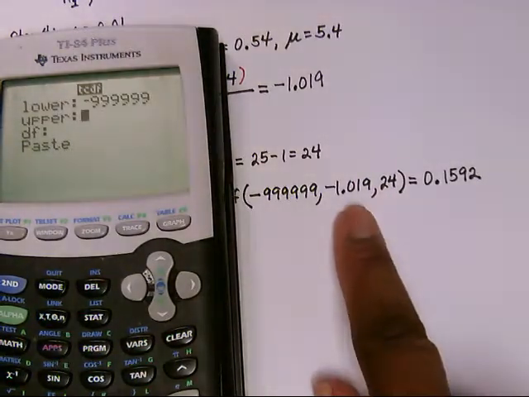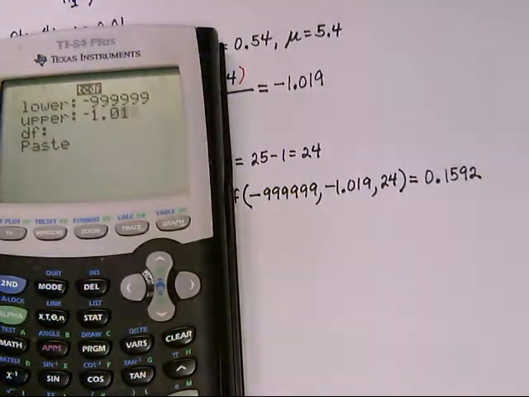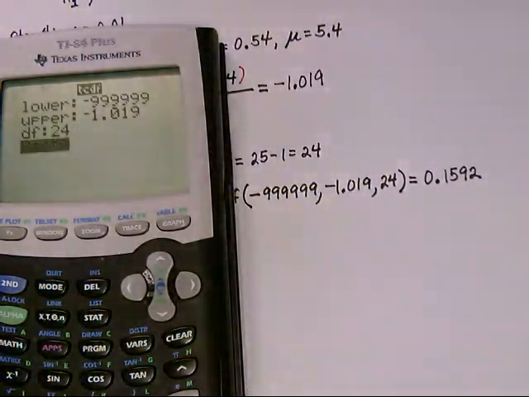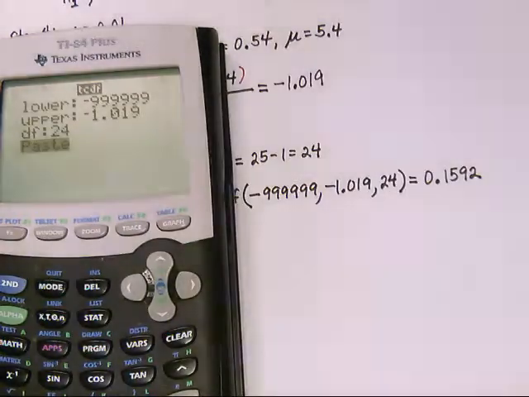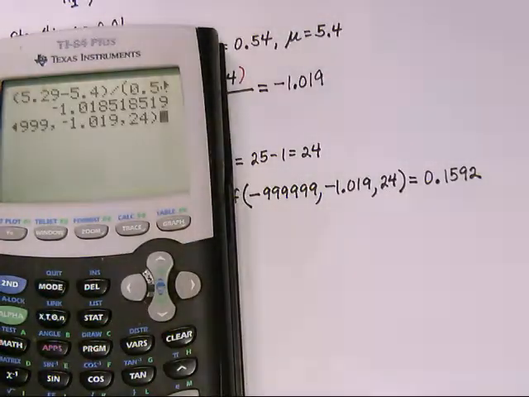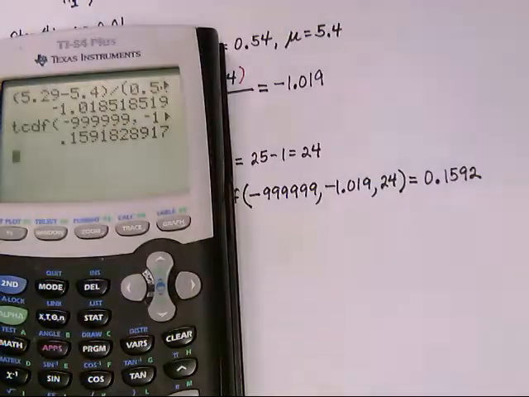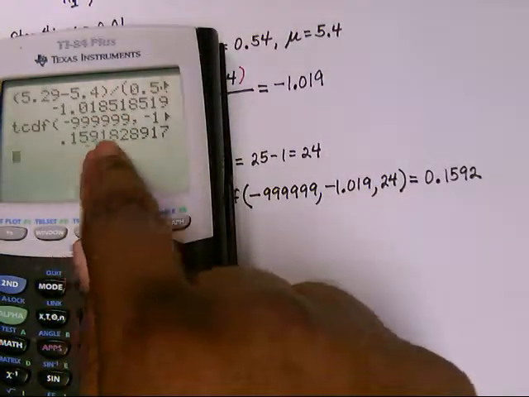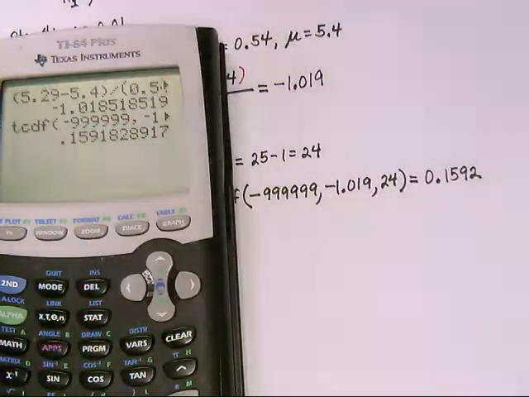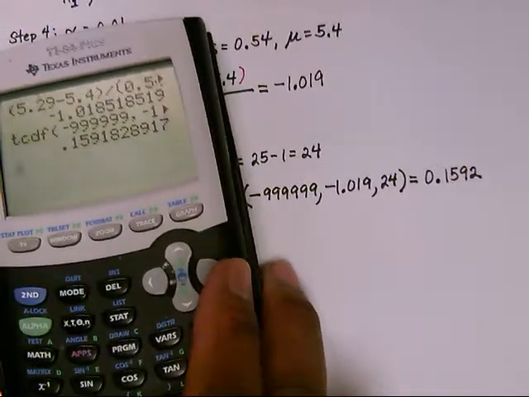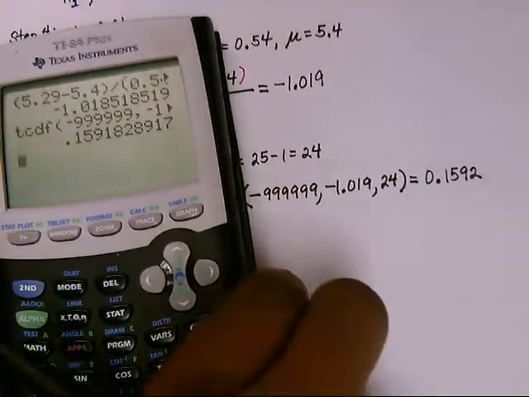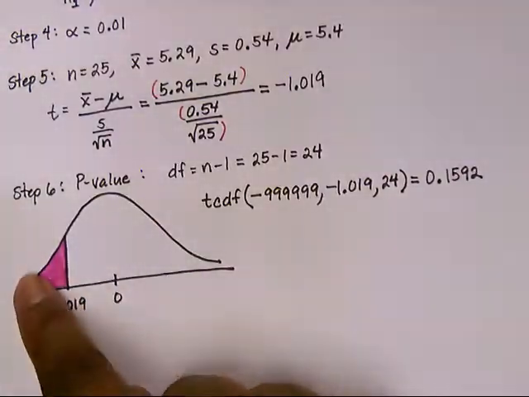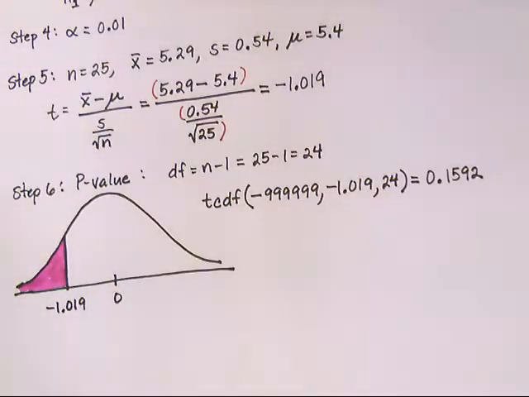Your upper limit would be that test statistic, negative 1.019, and then enter. Degrees of freedom, 24. And then you'll go down the page by pressing enter to highlight that, and then hit enter, and then hit enter again. And you'll see you'll get 0.1592. So that's going to be the p-value that you're looking for. That's going to be this shaded area here, 0.1592.